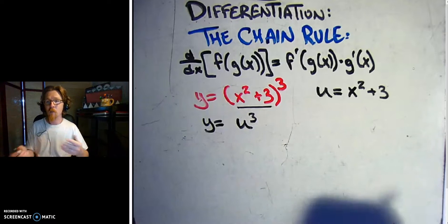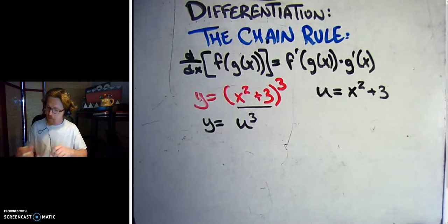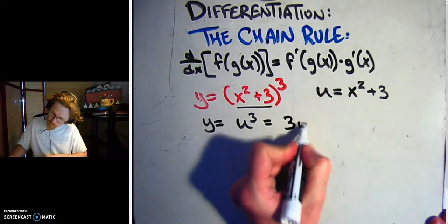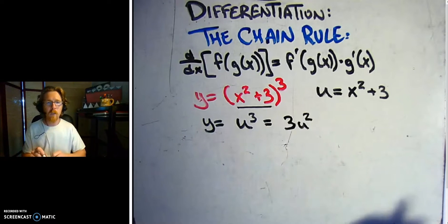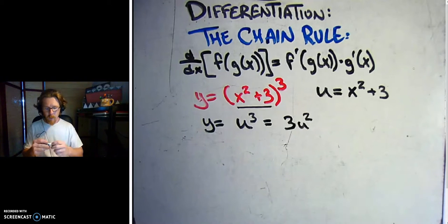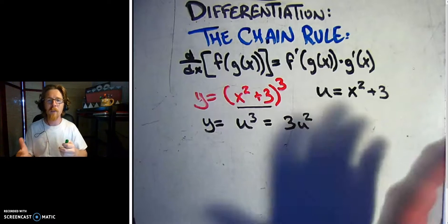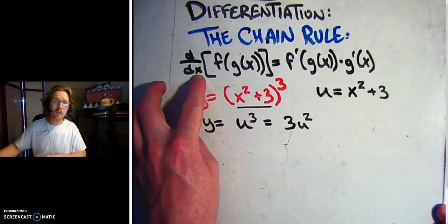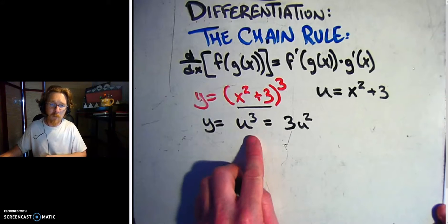So we can do this derivative. We know that the derivative of u cubed is 3u squared. That's pretty easy. But what happens when you take the derivative with respect to x, but you're now taking it of a different variable u?